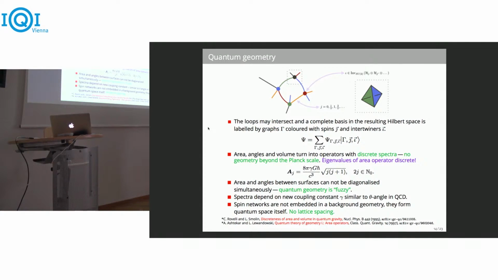However, in such a quantum geometry, it turns out that not all possible geometric observables can be diagonalized simultaneously. So these quantum geometries are in a certain sense fuzzy.